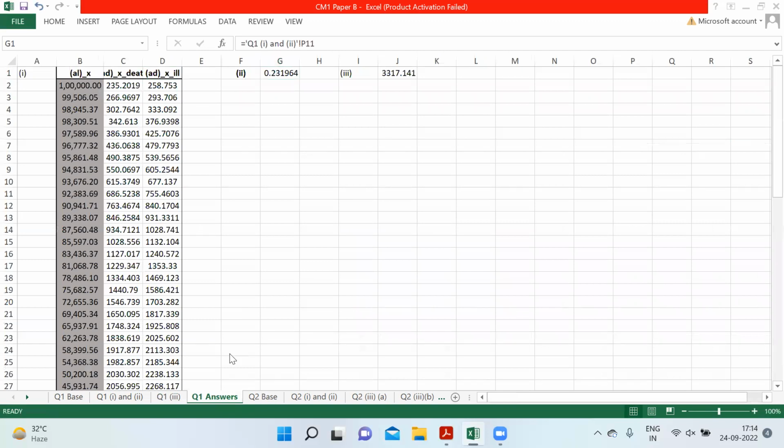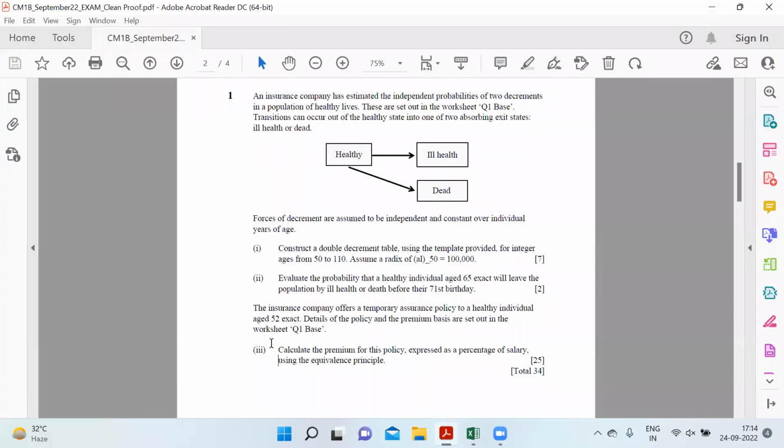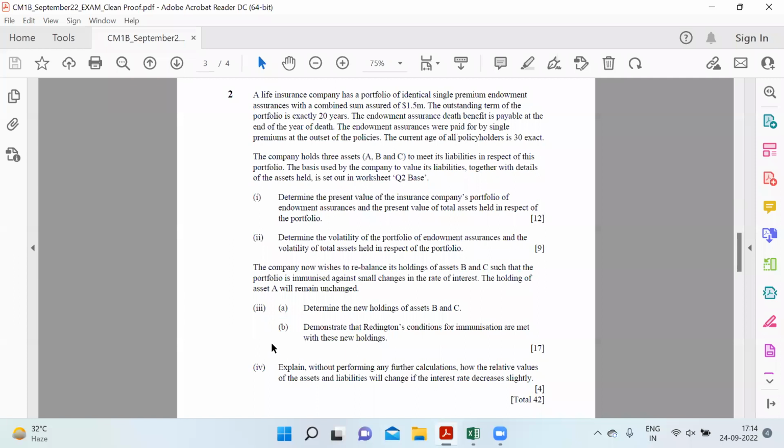Next, question 2, which held almost 50% of the paper, 42% of the paper. A life insurance company has a portfolio of identical single premium endowment assurances with a combined sum assured of 1.5 million. The outstanding term of the portfolio is exactly 20 years, and the endowment assurance death benefit is payable at the end of the year of death.